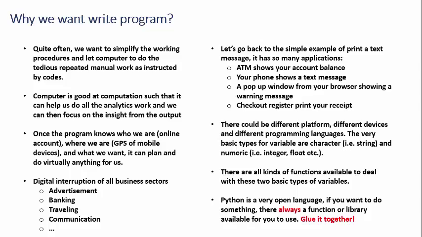There could be all different kinds of platforms, different devices, and different programming languages. The very basic types of variables are characters or strings, and numeric, like integers and floating numbers, etc. So you may use different platforms and different programming languages, but the print function is basically asking the computer or different devices to show something, either on a screen or printed out or in a window, to tell you something.